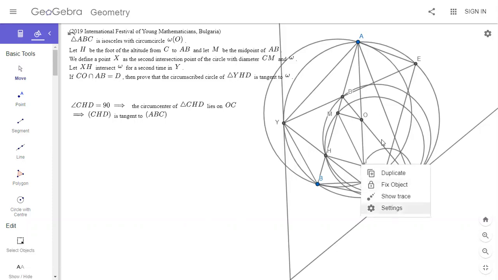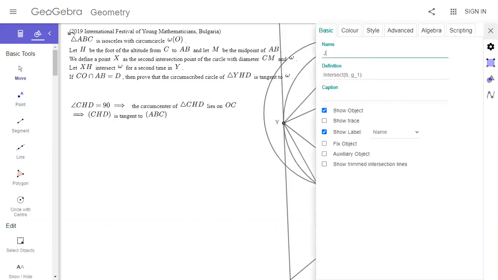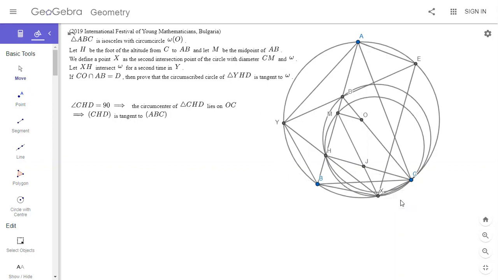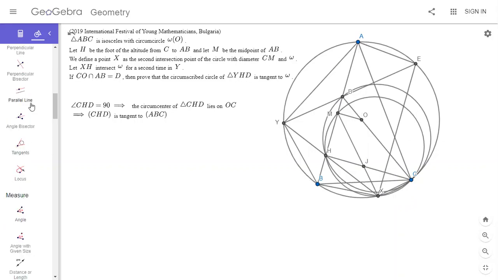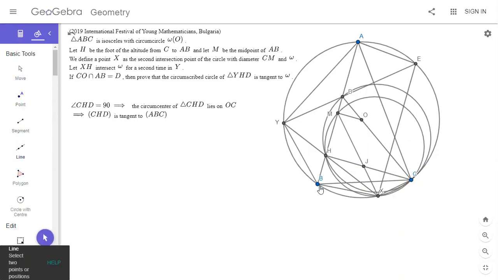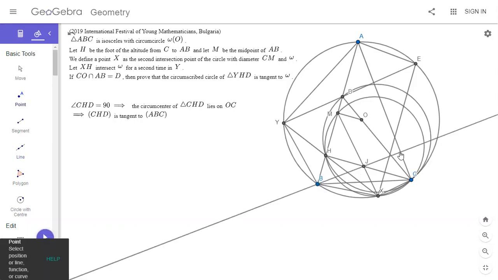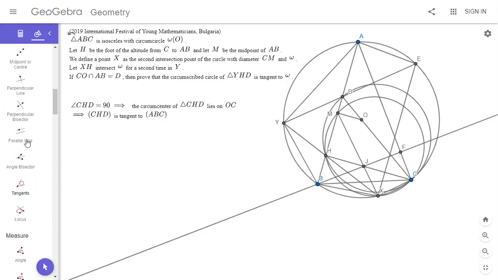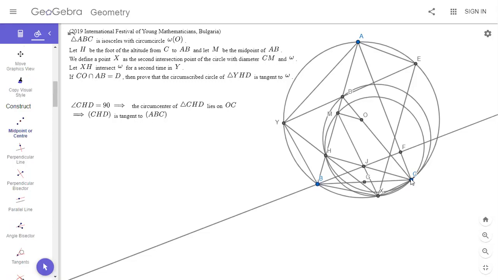Let me call this J instead of I. All right. So let's do this. I'll draw the midpoint here.